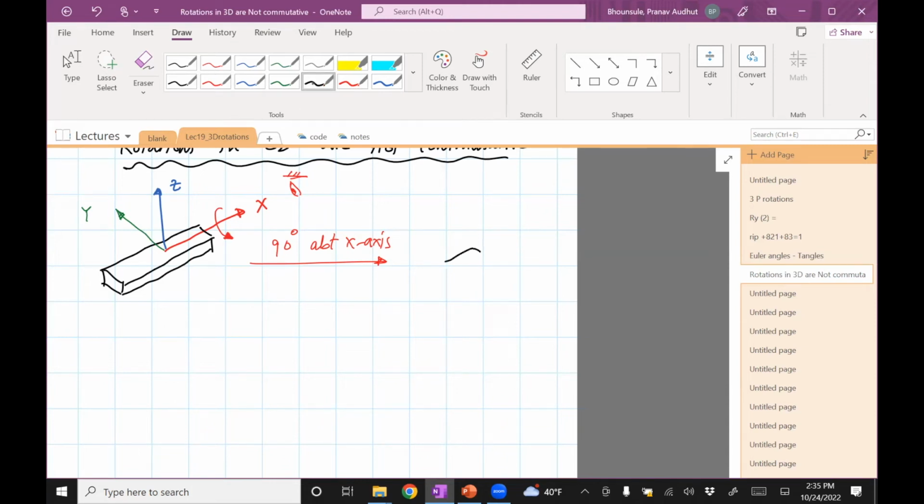So if you do that rotation by 90 degrees, see if you can convince yourself this is true. This object is going to be rotated. The x-axis will remain unchanged, right? Because you rotate about the x-axis. Since the y-axis is pointing away to the right, it will now rotate by 90 degrees in this direction. So it's going to point upwards.